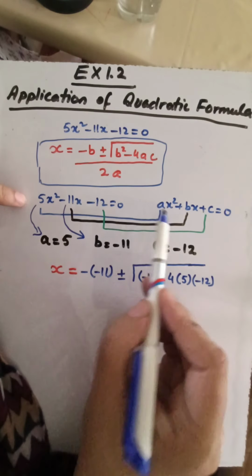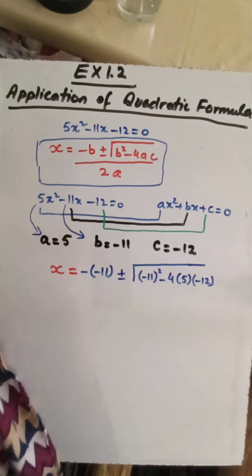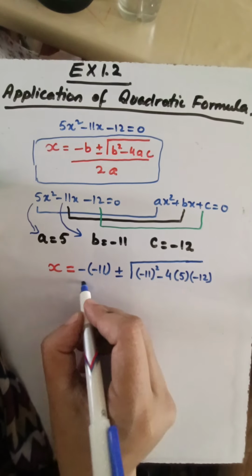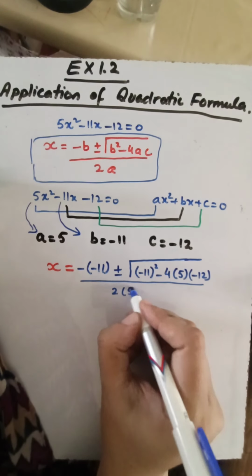If you compare these two, a is the coefficient of x square, over 2 times a, which is 5.